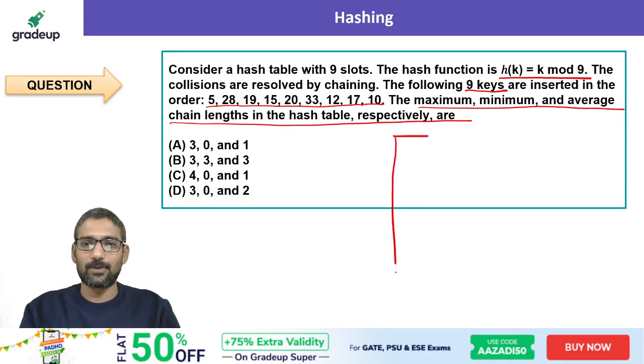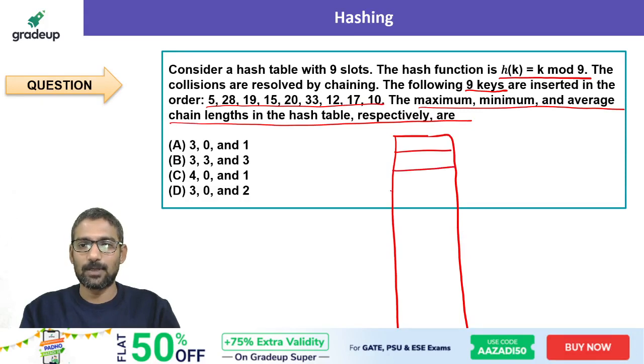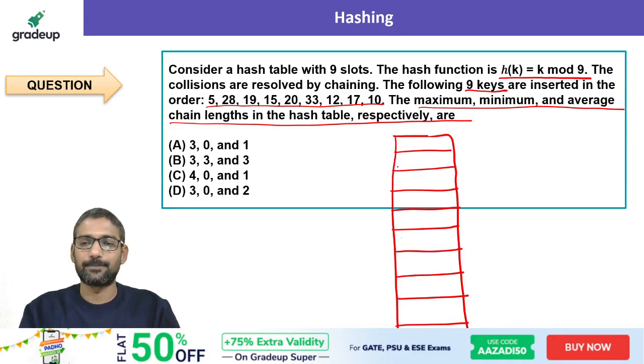So we have total 9 slots. Take 9 slots: 0, 1, 2, 3, 4, 5, 6, 7 and 8.